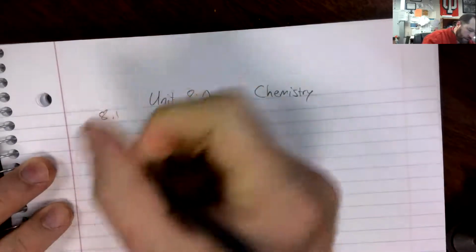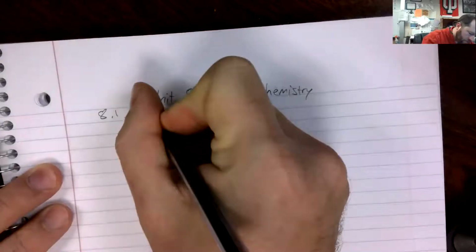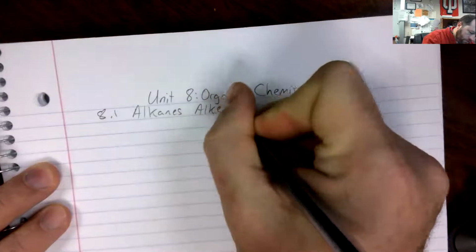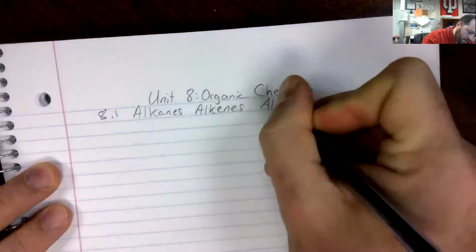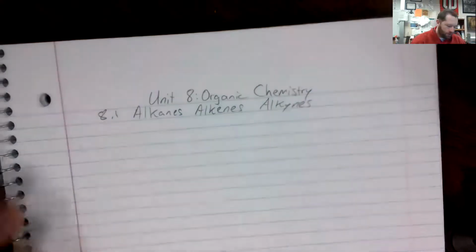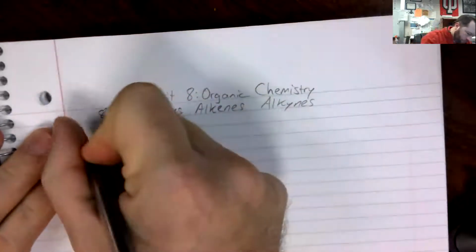Our first lesson, 8.1, is alkanes, alkenes, and alkynes. We'll talk about each of those in turn as we go through the day.